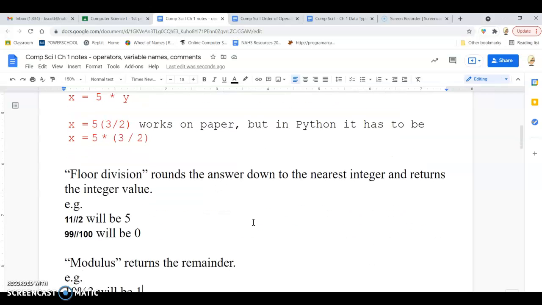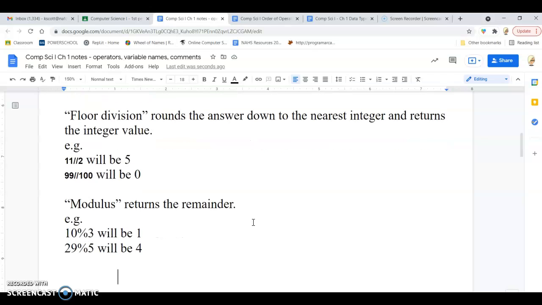So there are a couple more examples of floor division and modulus. Remember, floor division just cuts off anything after the decimal and just returns the whole number value, the int. And modulus returns only the remainder. It doesn't matter what the first part of that division problem is, it only cares about the remainder.